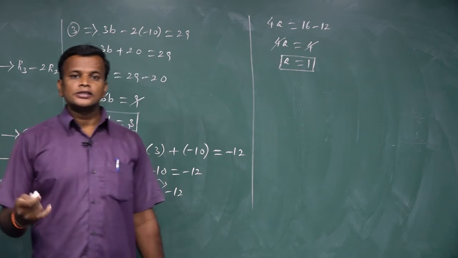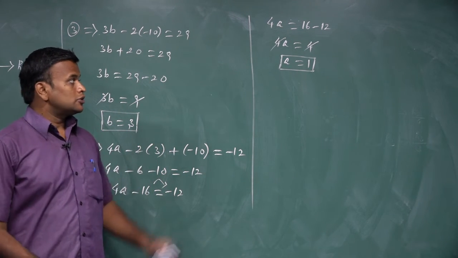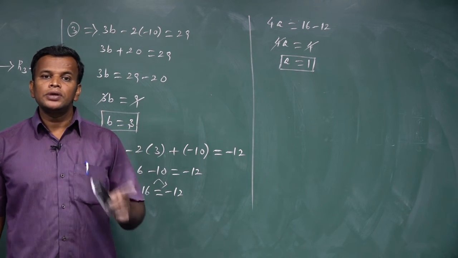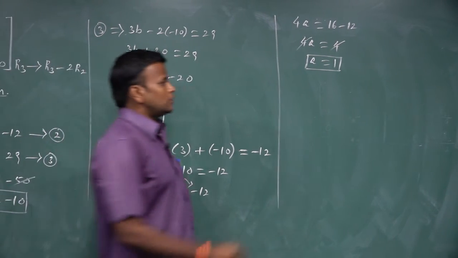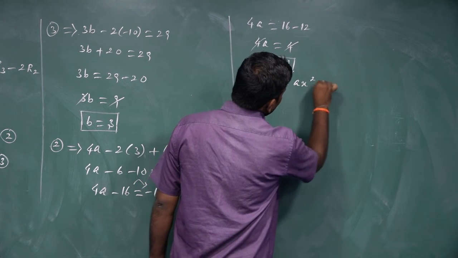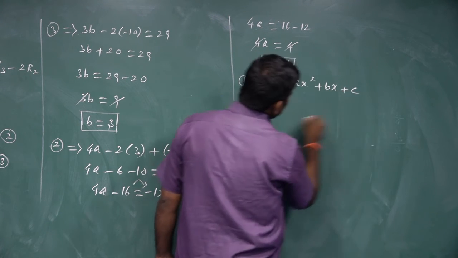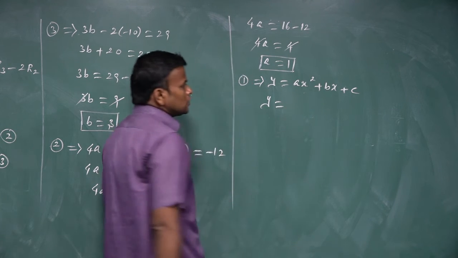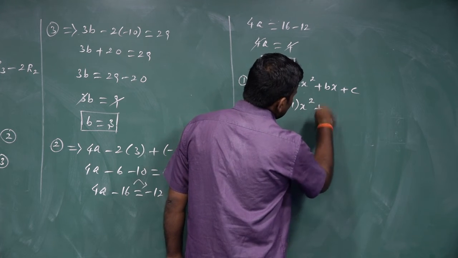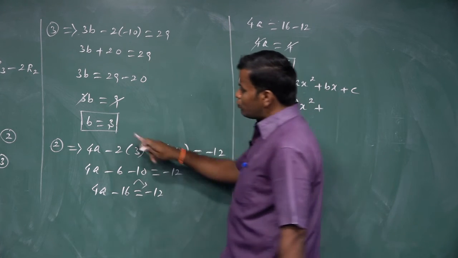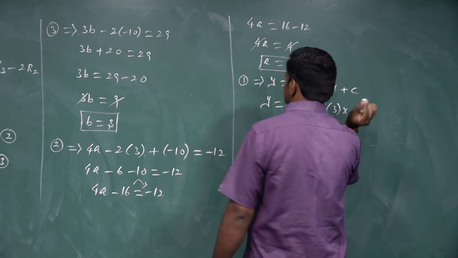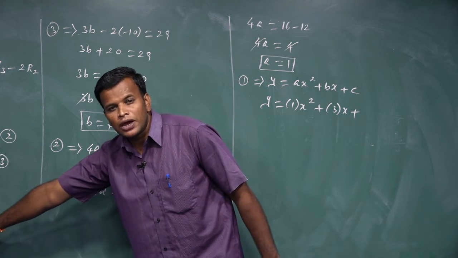Now we have found the constants a, b, c. It's not a confusion: our question is not to find a, b, c. Now we use the values of a, b, c in the first equation. Do you remember the first equation? The first equation is y is equal to ax square plus bx plus c. The value of a is 1, so 1 into x square, plus b, the value of b is 3, so 3 into x, plus c, the value of c is minus 10.